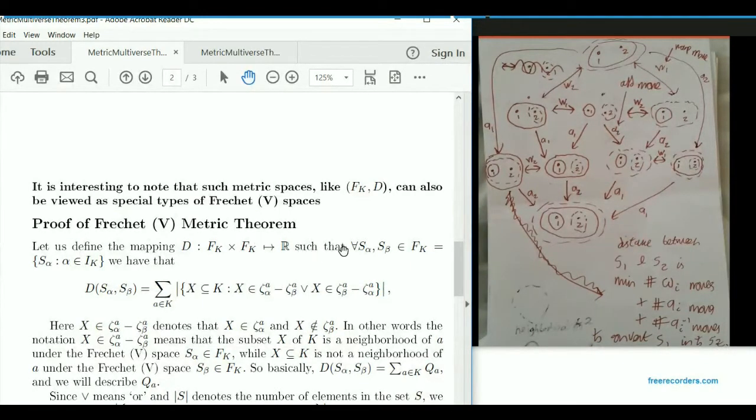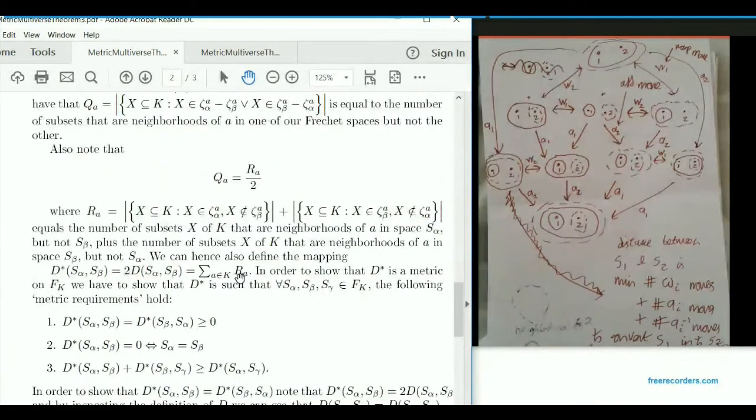So you see that that's symmetric about alpha and beta, and so we have that our metric is symmetric about alpha and beta and non-negative. So we satisfy our first sort of metric requirement.